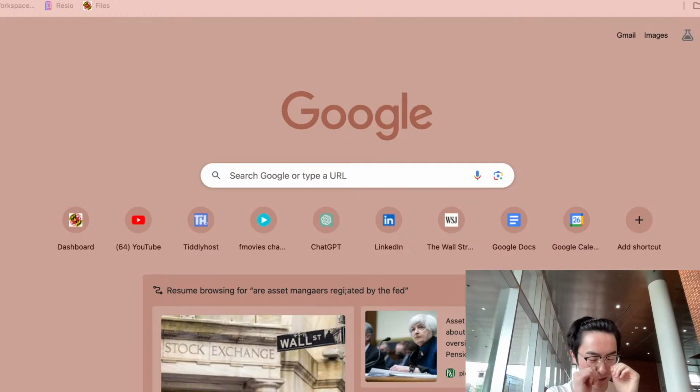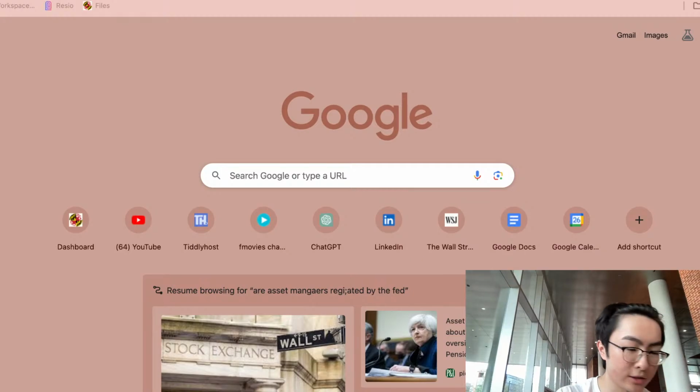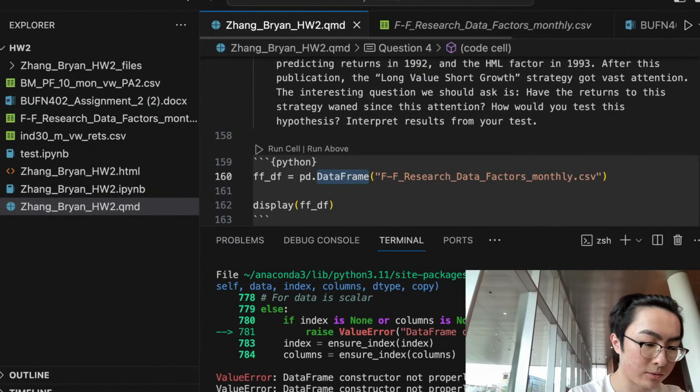Damn, there's a lag between what I type in and what actually shows up on my second monitor here. Oh shoot. Okay. Yeah, this shouldn't be read, it should be read CSV.